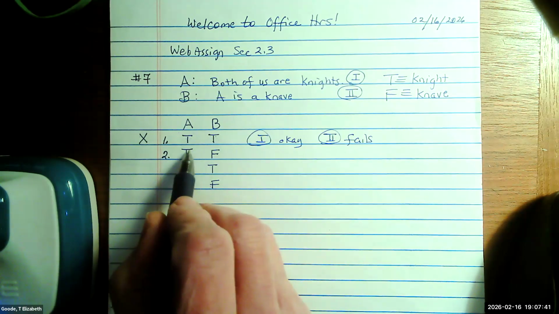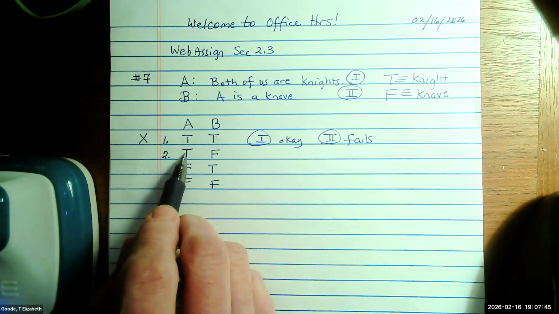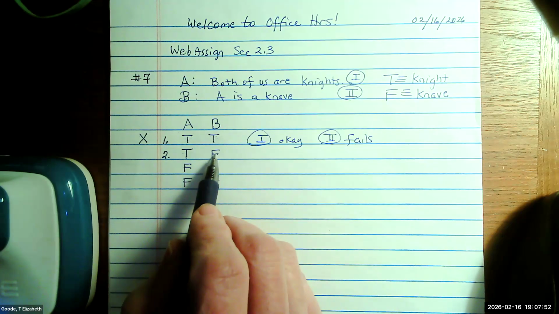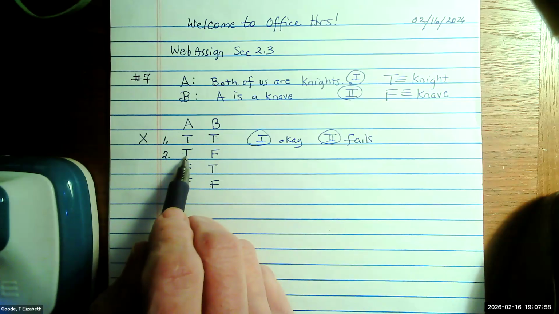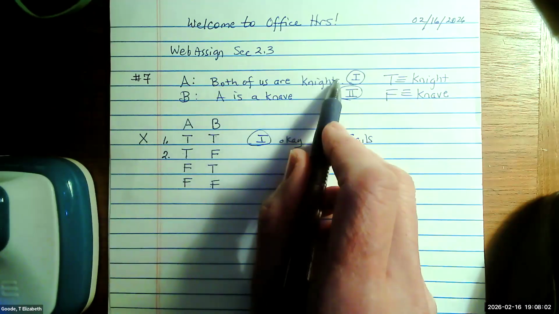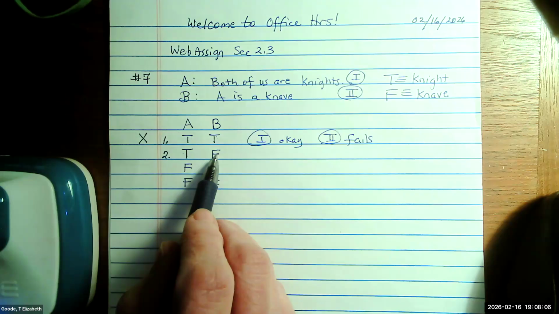All right, let's take a look at the second possibility. In the second row, A has true, so A is a knight and is telling the truth, and B has false, so in this row, B is a knave. Let's see if that can work out. Well, A is a knight, and A always tells the truth. But A says both of us are knights, and in row two they are not both knights.